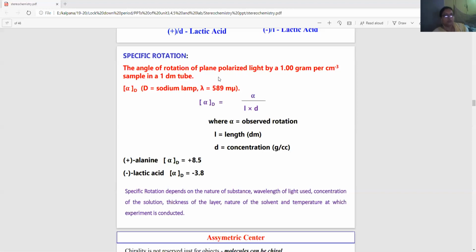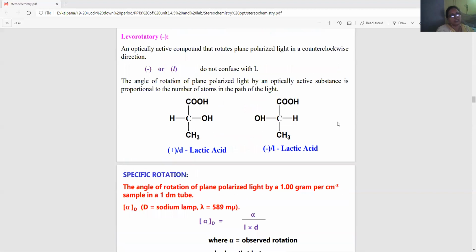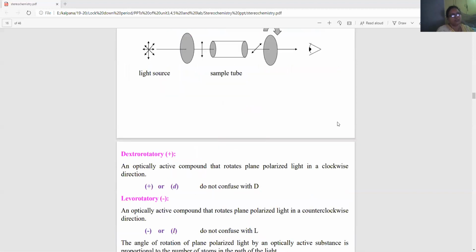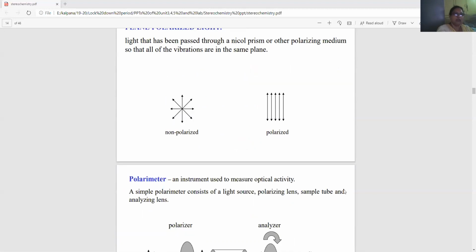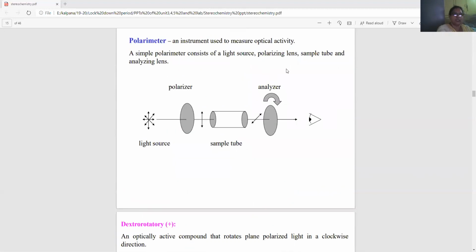So this is about the optical activity. Optical activity is nothing but a plane polarized light being rotated, either clockwise or anti-clockwise. It is measured using a polarimeter, which has a light source, polarizing lens, sample tube, and analyzing lens.